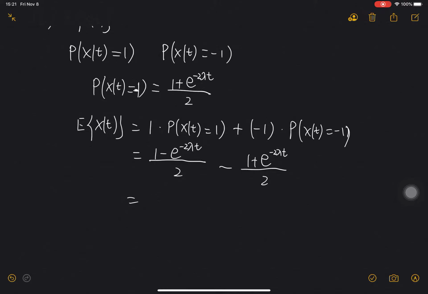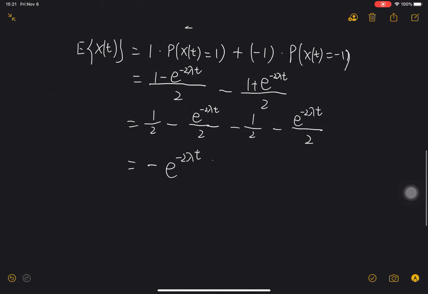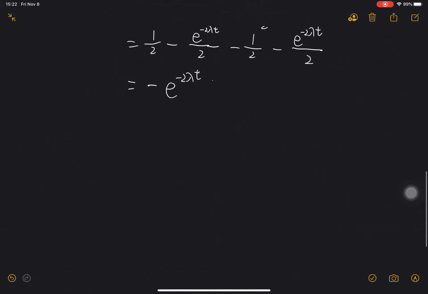So what do we get? We have 1 over 2 minus e to the minus 2 lambda t over 2, minus 1 over 2 minus e to the minus 2 lambda t over 2. This is minus e to the minus 2 lambda t. So this is the answer to question B.